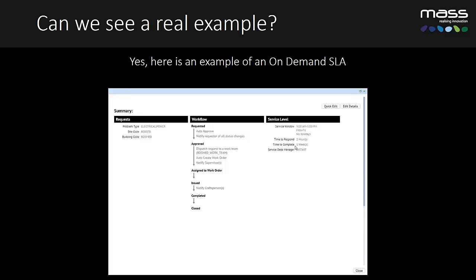The workflow shows the rate at which it works from requested through to approved, to automatically being assigned to a work order, to being issued to the craftsperson, to being completed and closed. Obviously all managed either by a supervisor or a help desk operative attached to that can work within the SLA.